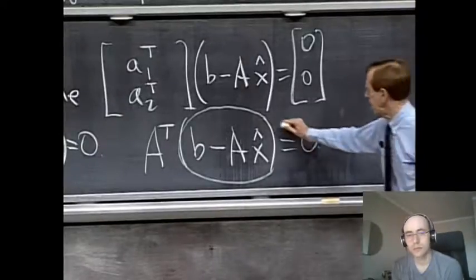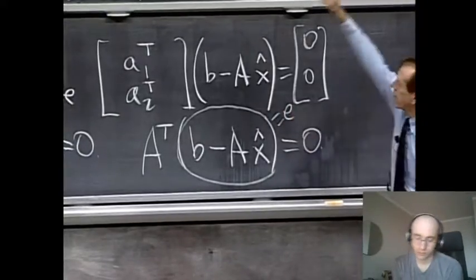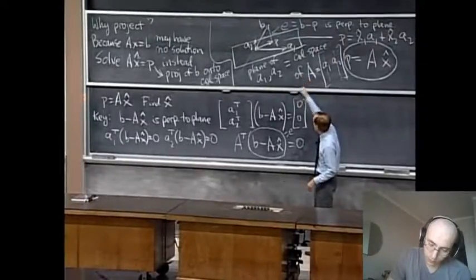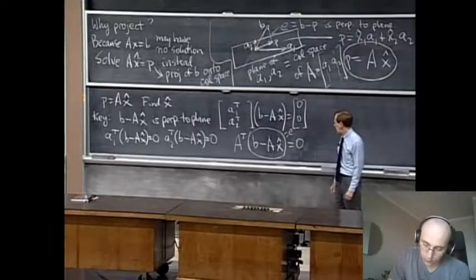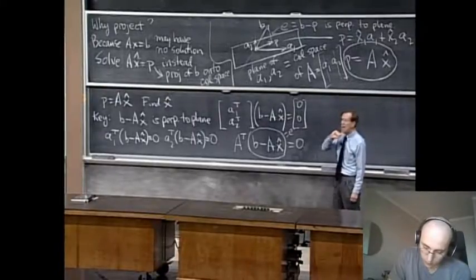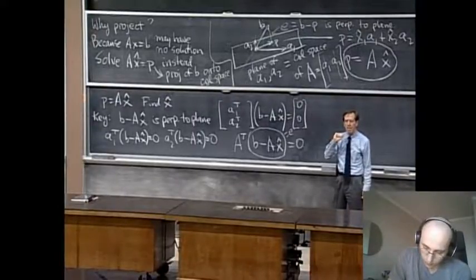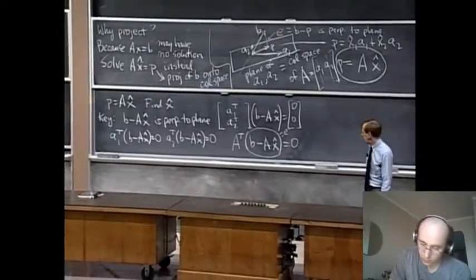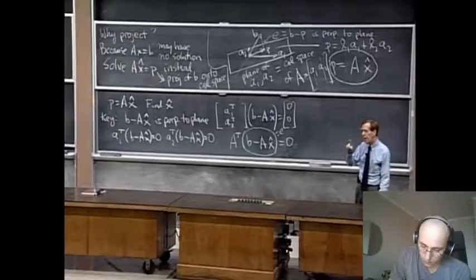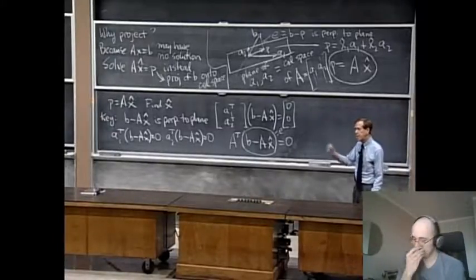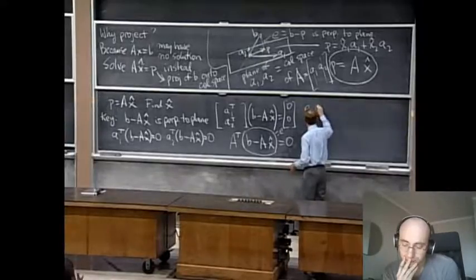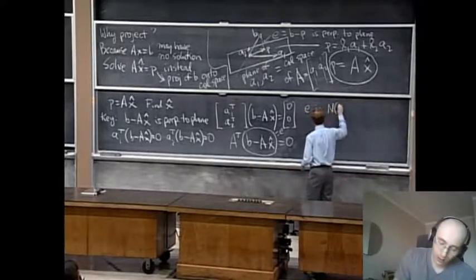This is nothing but E, this guy coming down perpendicular to the plane. What subspace is E in from this equation? Well, the equation is saying A transpose E is 0. So I'm learning here that E is in the null space of A transpose.